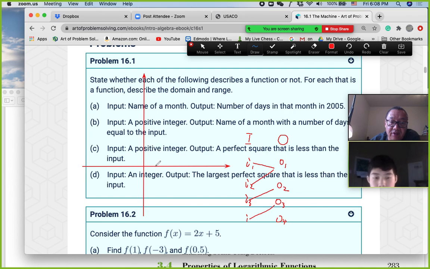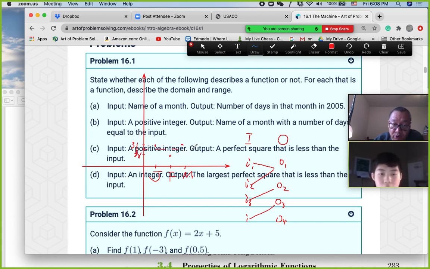Suppose I use J to represent January, then February, then March. January has 31 days, February has 28 days, then March has 31 days.